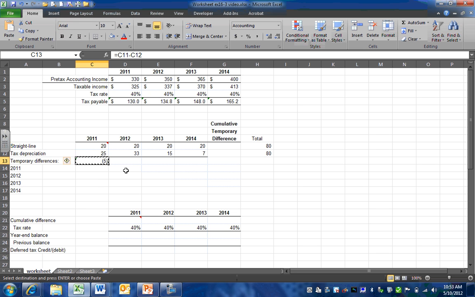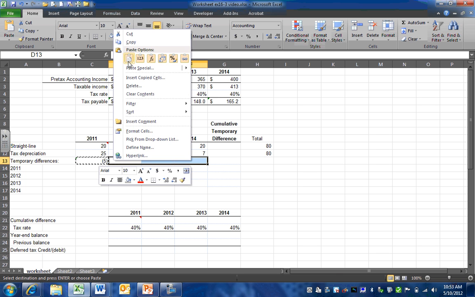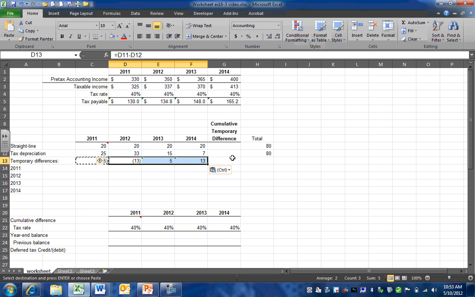We can then copy and paste this, and we see that we have a temporary difference in 2011 of 13 million, and then it reverses itself in 2013.